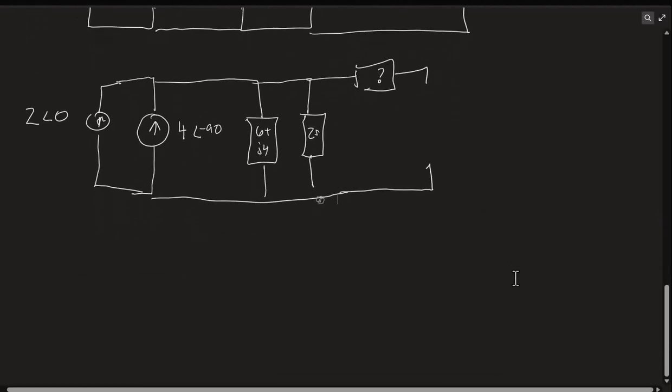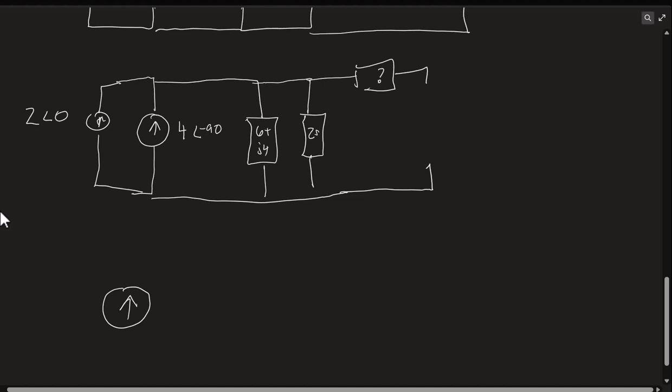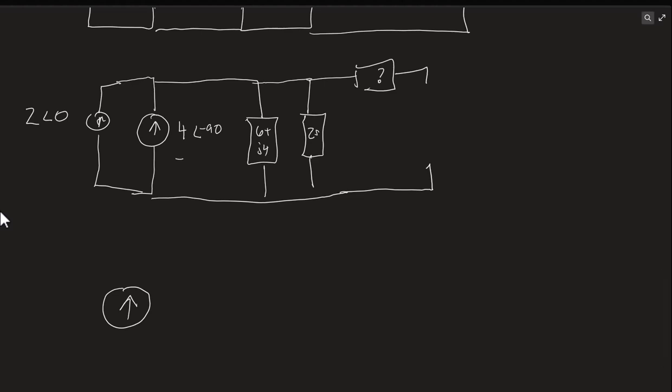And now current sources in parallel just add. So 4 angle negative 90 is the same as minus j4. And 2 angle 0 is the same as 2. So this is 2 minus j4.